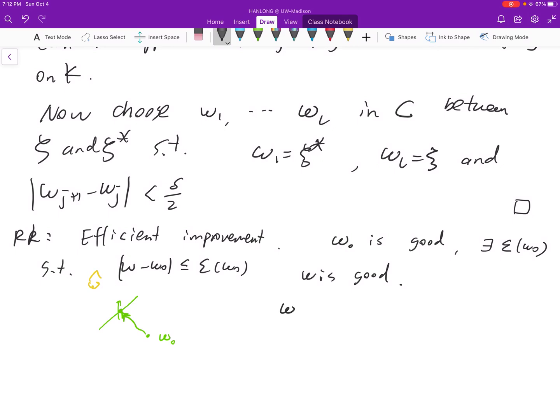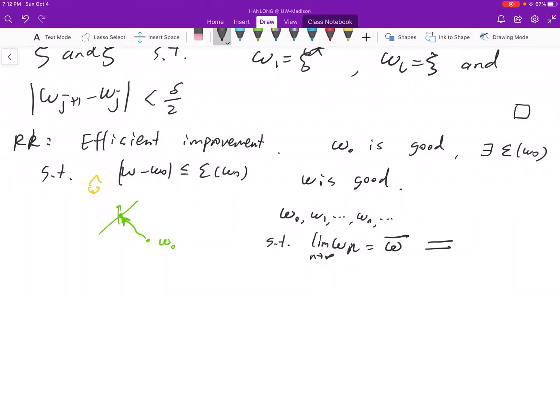That is, if you have omega_0, omega_1, ..., omega_n, and you take a limit, this is called omega bar. If you can prove that omega bar is also good, then by an open-closed argument, you can also produce the proof.